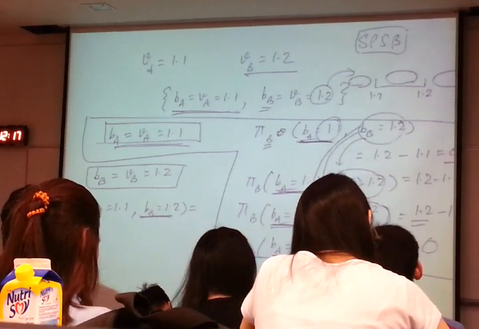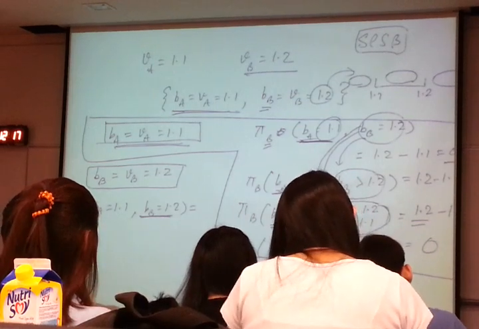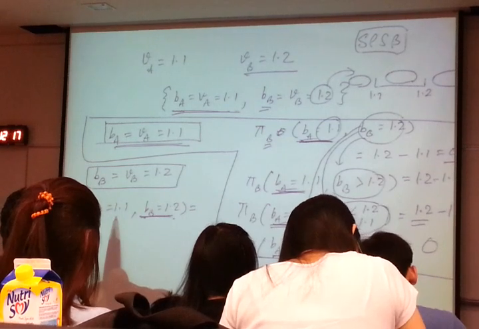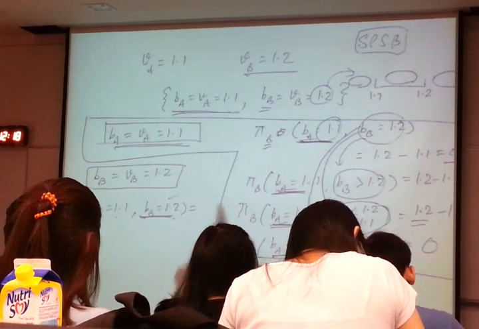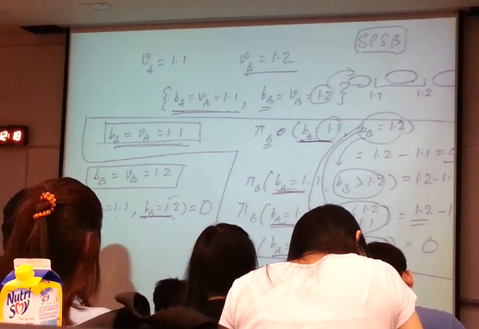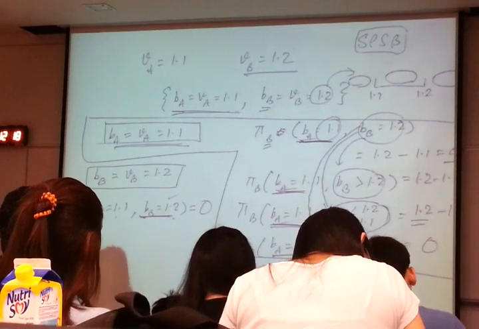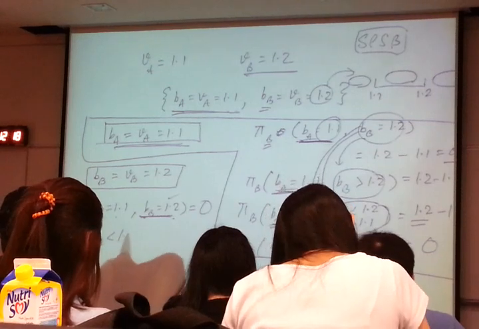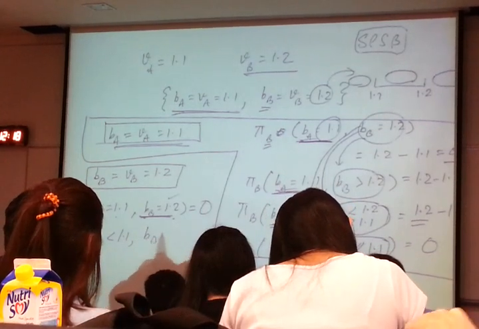First look here. This is the original value. Bert bids 1.2, Alex bids 1.1, who will win the auction? Bert will win the auction, therefore Alex's payoff is 0. Similarly, consider what happens when Alex bids less than 1.1, while Bert is still bidding 1.2.